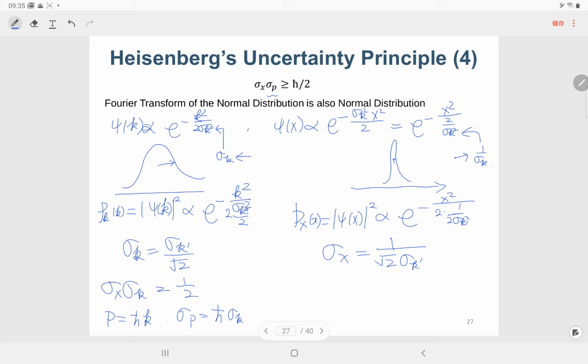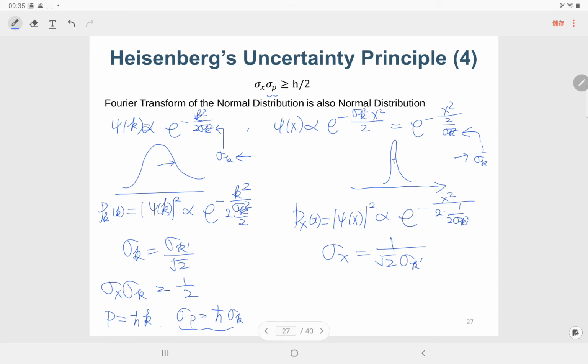So in that case, well, this sigma k. Or maybe there's some. So P equals sigma k. Oh yes.